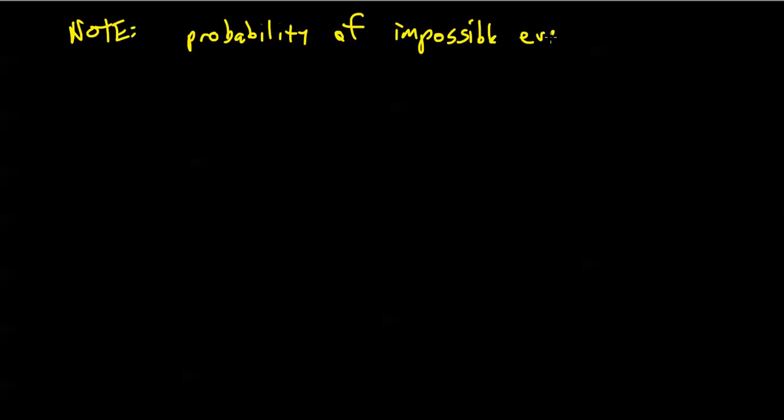All right. Some notes about probability. The probability of an impossible event equals 0. But I am guessing that you knew that.